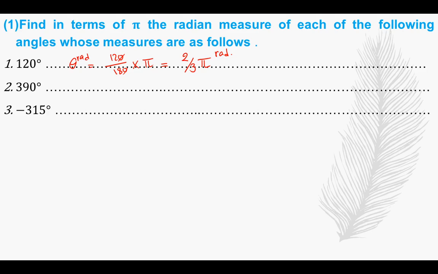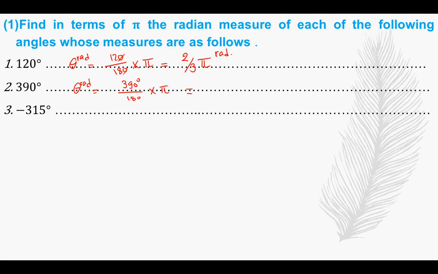Now 390. You can solve it using two methods. The first one: theta radian equals 390 over 180 multiplied by pi.